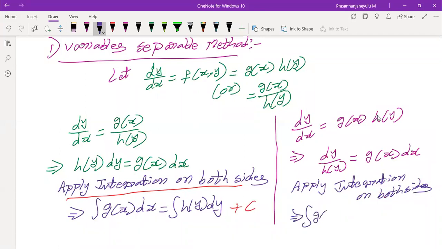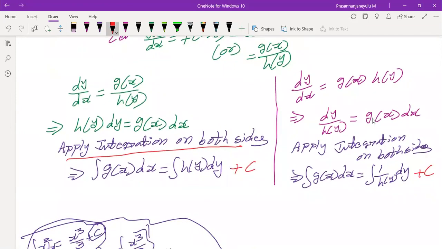Integration of g of x into dx is equal to integration of 1 by h of y into dy. After completion of integration, how many arbitrary constants will we get? Only one arbitrary constant, which I am taking as plus C. Is it clear to everybody? So this is the solution of our given differential equation.